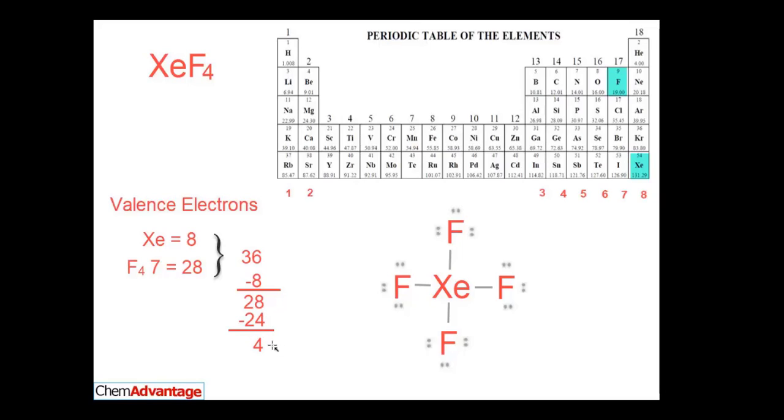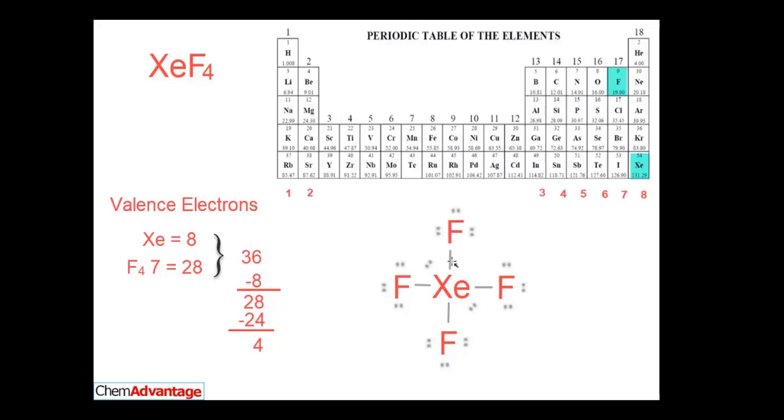Now, if you have leftover electrons, once you've completed the octets of your surrounding atoms, the next rule is that these electrons will be attracted to the central atom. So we are going to put them into our central atom, and we put them in as pairs again. Shared pairs, well, in this case, unshared pairs of electrons, because they are just hanging out here. They're attracted to the nucleus, this xenon, and they're going to be just hanging out there.